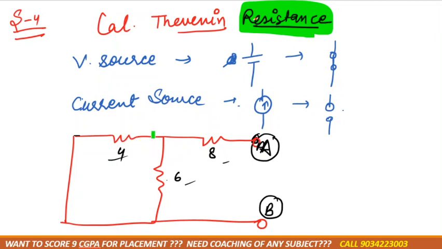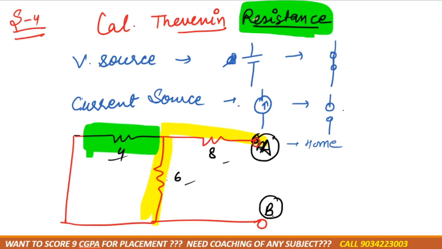So we'll always start with the friend which is far away, that is 4. Now tell me, as you are moving, are the 4 ohm house and the 6 ohm house on the same path or on different paths?